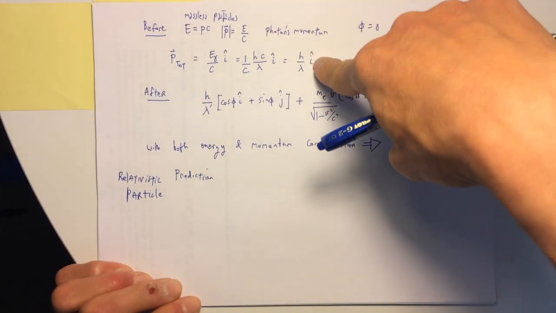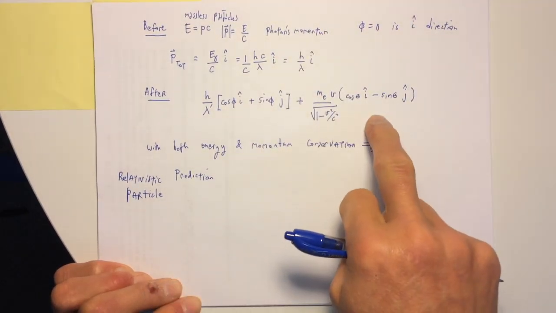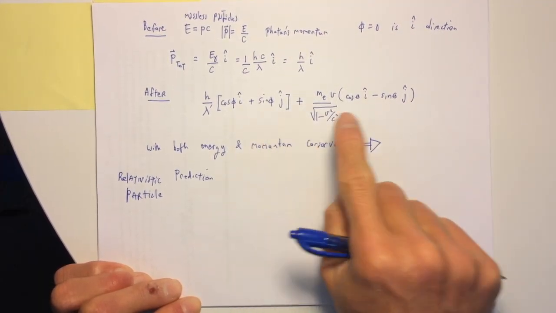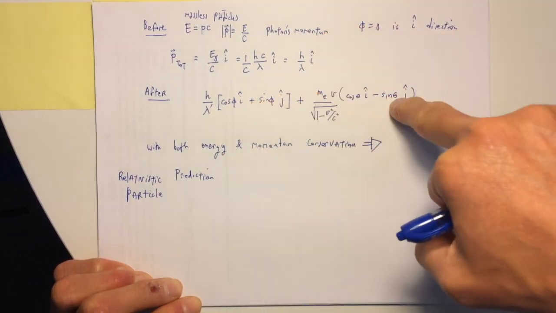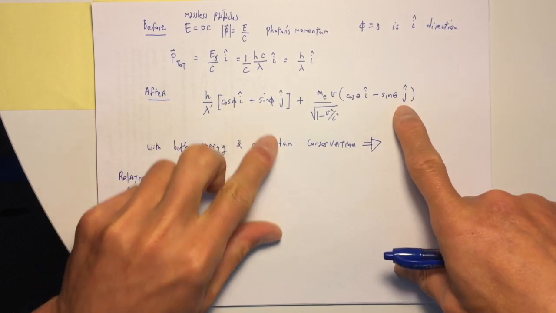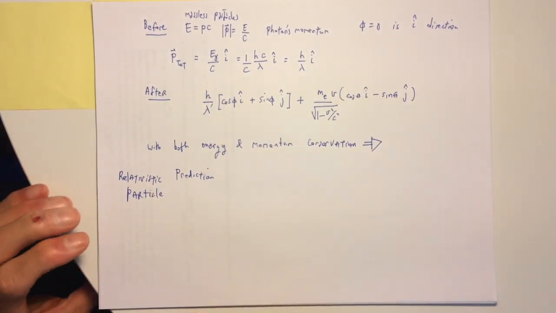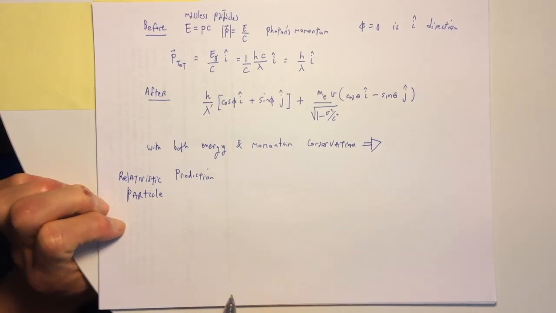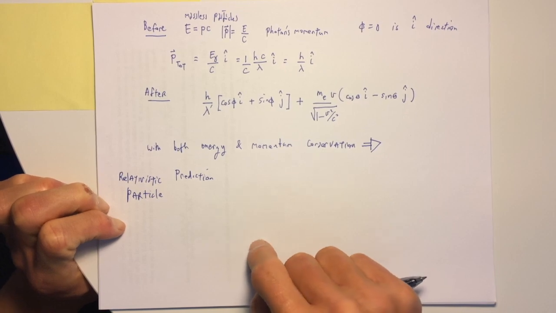So the incoming momentum is purely i hat. The outgoing momentum is a mixture of i hat and j hat, but if you conserve momentum, that means the total j hat component of the outgoing momentum needs to add up to 0. So there are some predictions you can do, some algebra based on the conservation principle.